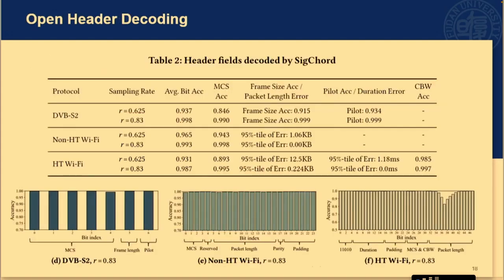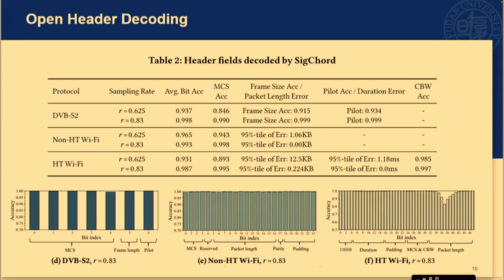And finally, we use C-code to decode DVB-S2 and two types of Wi-Fi signals, which are non-HT 20 MHz Wi-Fi and HT Wi-Fi. While working below the blind sampling bound, C-code achieves over 99% decoding accuracy for key fields like modulation and coding schemes across DVB-S2 and Wi-Fi signals.